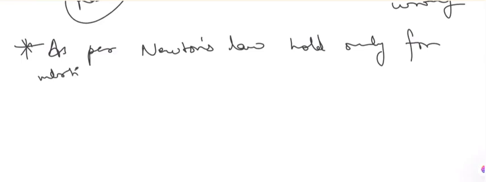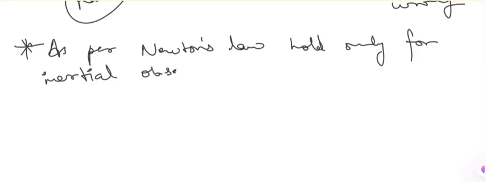What happened is, as per Newton's law, that hold only for inertial. Okay, what is inertial, Akshita? Only for inertial. Huh.